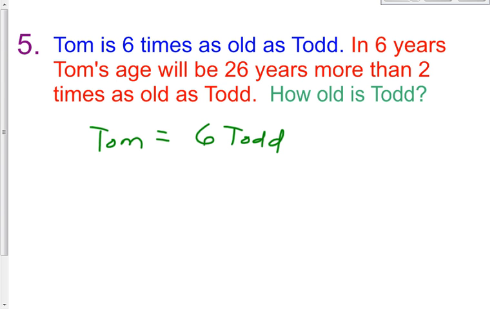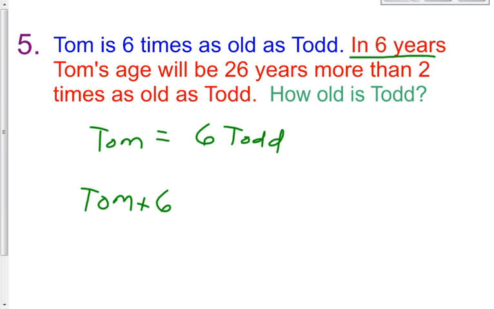There's our first sentence. Our second sentence is quite a bit more difficult. In 6 years, Tom's age will be 26 more than 2 times as old as Todd. So let's first break down this one. In 6 years, that means Tom is now 6 years older and Todd is now 6 years older. So in 6 years, Tom's age is now Tom plus 6.